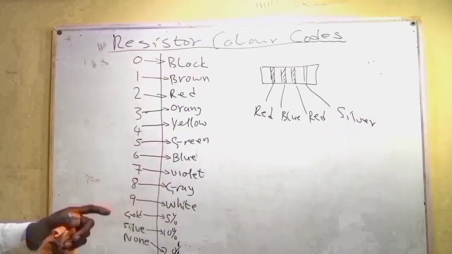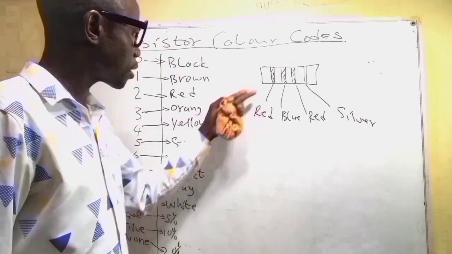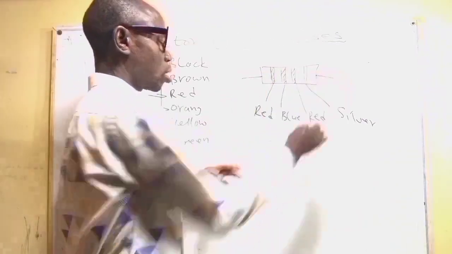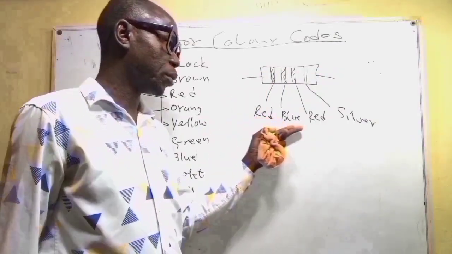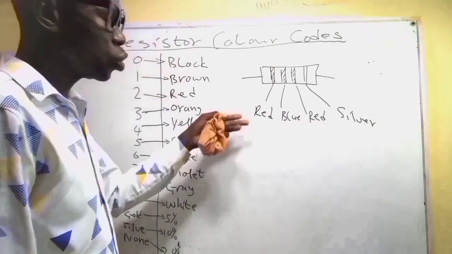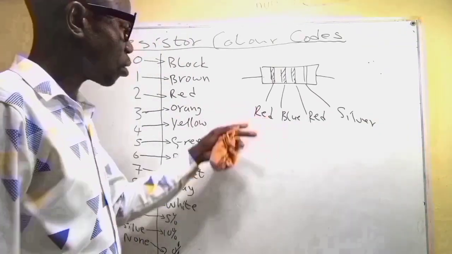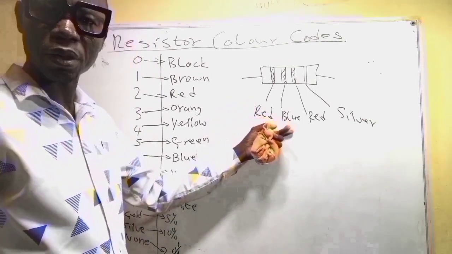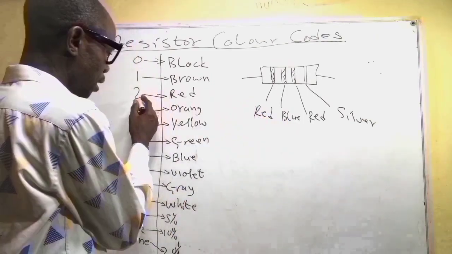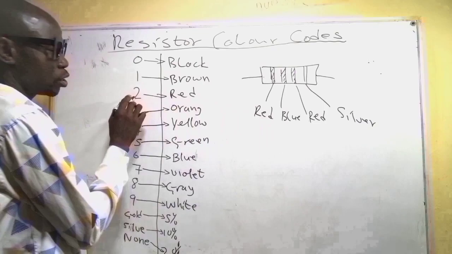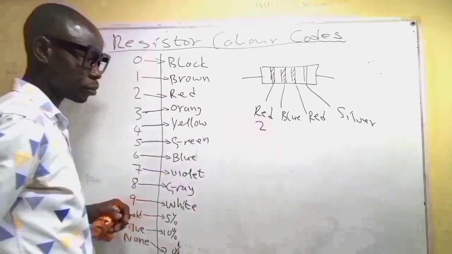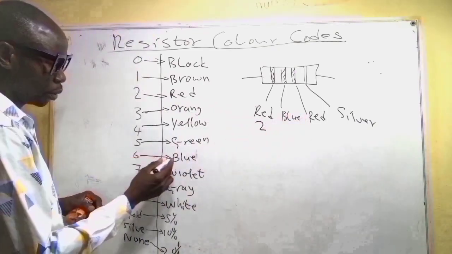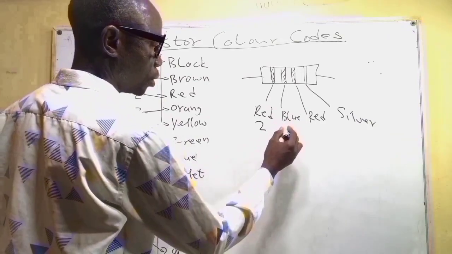You see, a resistor coated in these colors, red, blue, and red. To know the resistance, you must know what red stands for, what blue stands for. So you come to the chart here. The red is 2, so red is 2 here. Blue is what? Blue is 6.